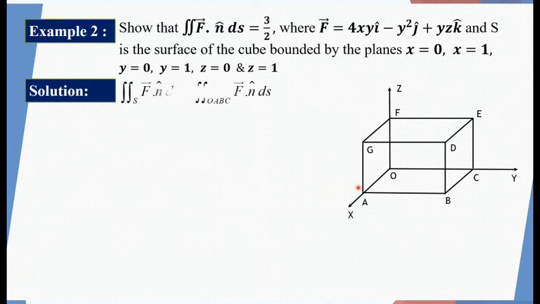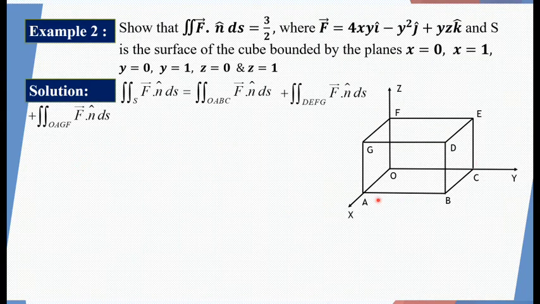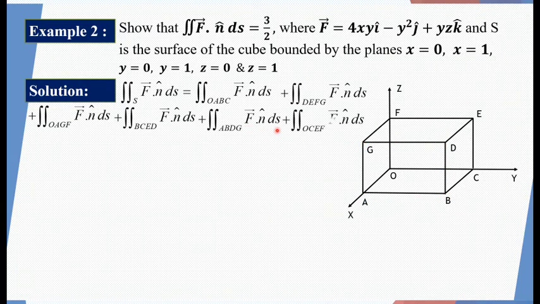It has six faces. So the double integral of vector f dot n cap ds can be written as the double integral for the face OABC of vector f dot n cap ds, plus the double integral for the face DEFG, plus the double integral for OAGF, plus the double integral for BCED, plus the double integral for the face ABDG, and plus the double integral for the face GOCEF of vector f dot n cap ds.